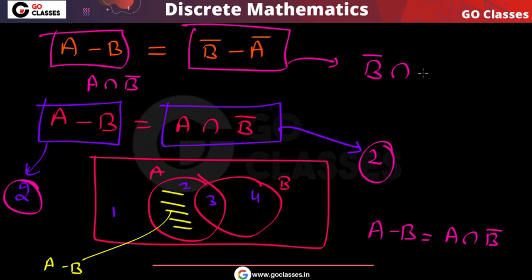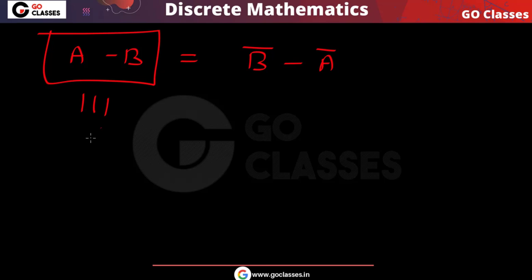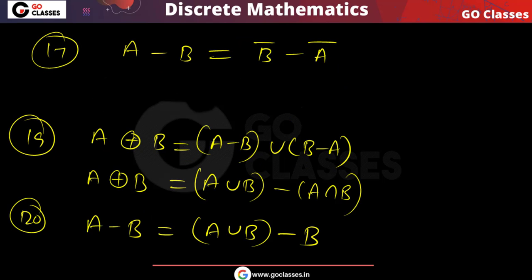That is basically B bar intersection A. Both are the same, since A intersection B bar equals B bar intersection A. I hope this is clear, because A minus B is the same as B bar minus A bar. That's the reason.